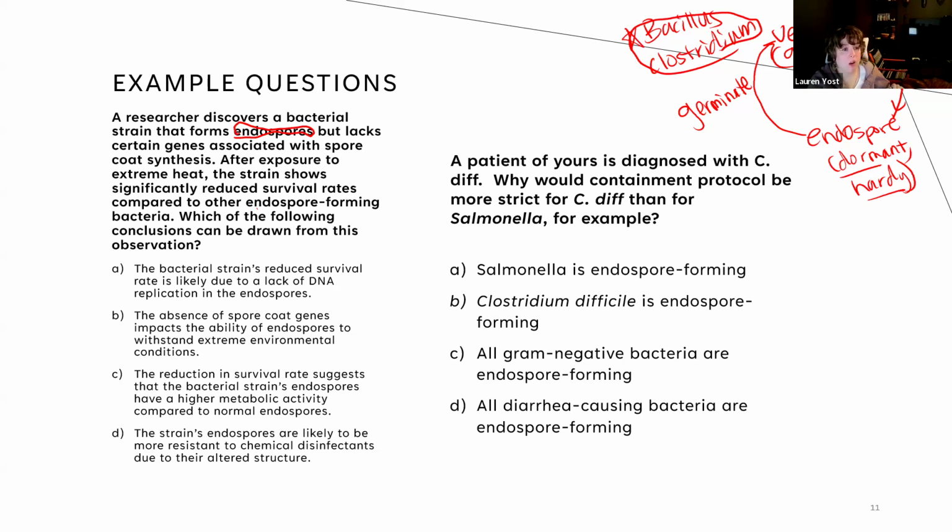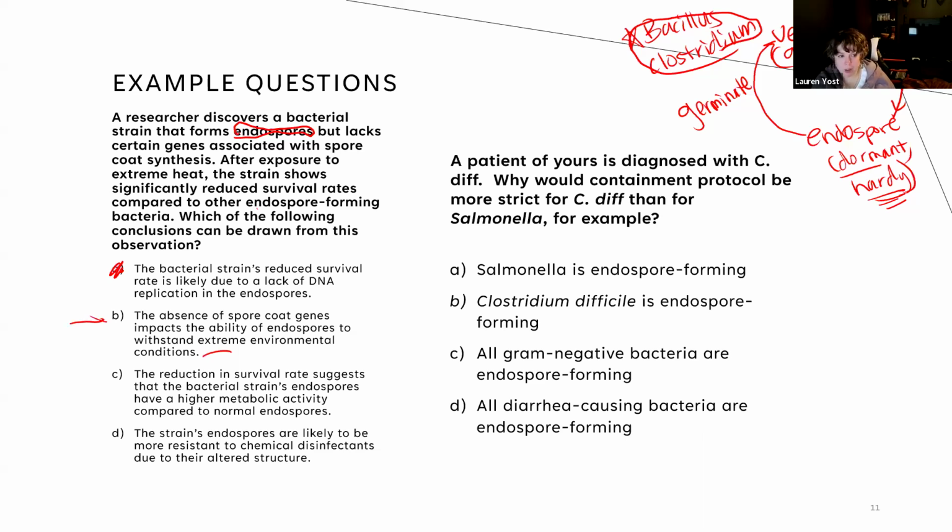Which of the following conclusions can be drawn from this observation? Is the bacteria's reduced survival rate a result of DNA replication? We're not affecting the DNA, we're affecting how hardy that endospore is because of the coat that protects it. So it's not that. Is it the absence of those spore coat genes impacting the ability to withstand extreme environmental conditions like heat?